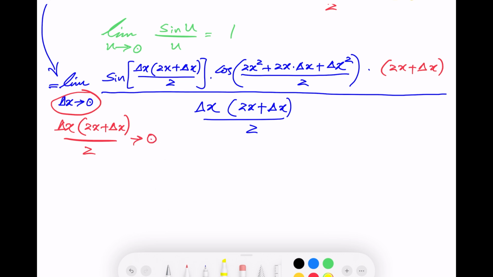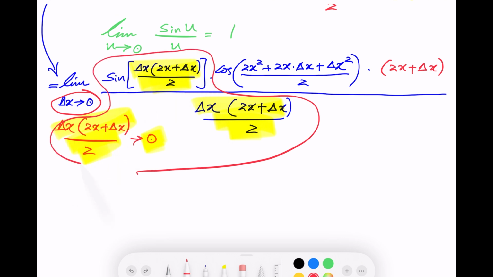Now we have sine a figure, exact same figure in the denominator, and that exact same figure is approaching 0. Therefore, I can apply this theorem from limits. That means this part right here should be equal to 1.